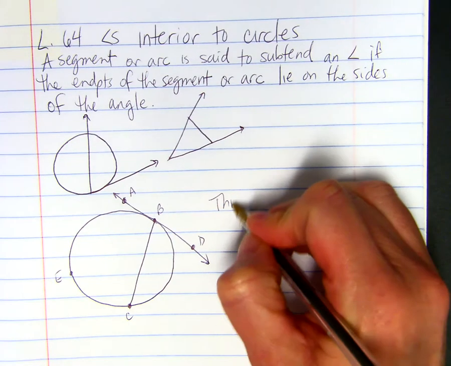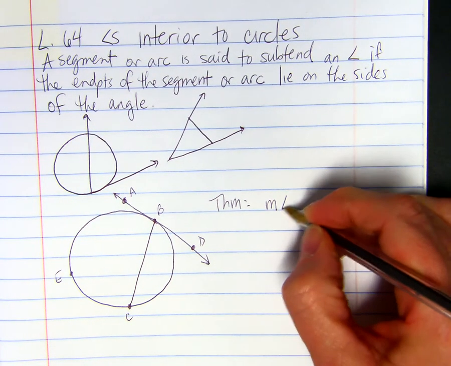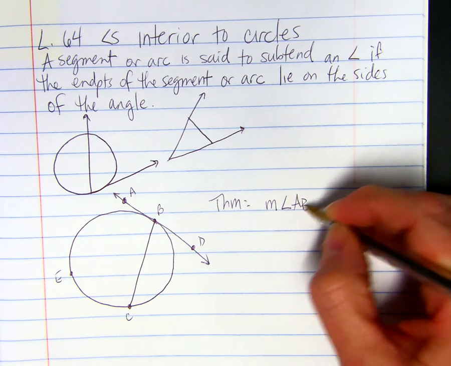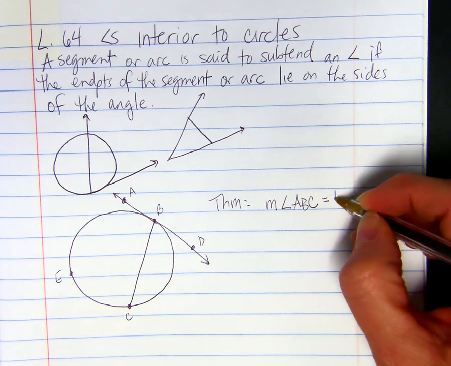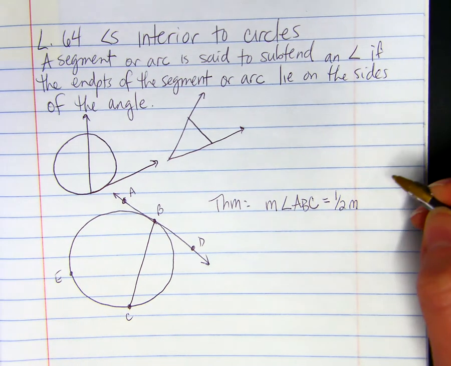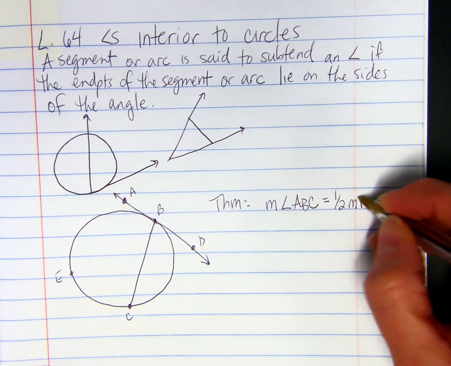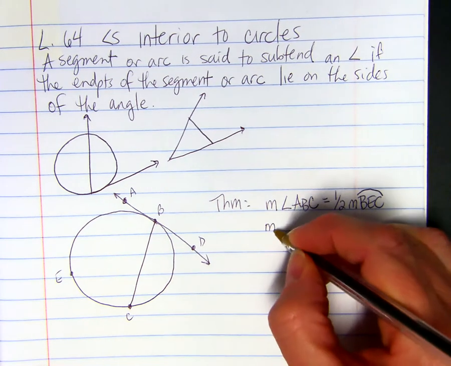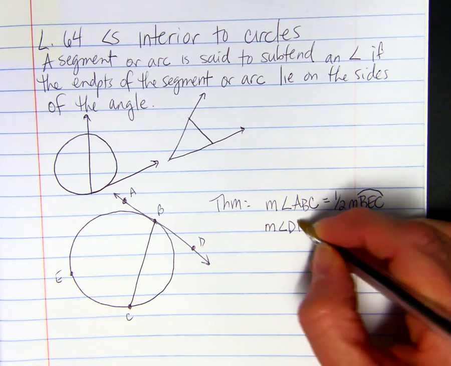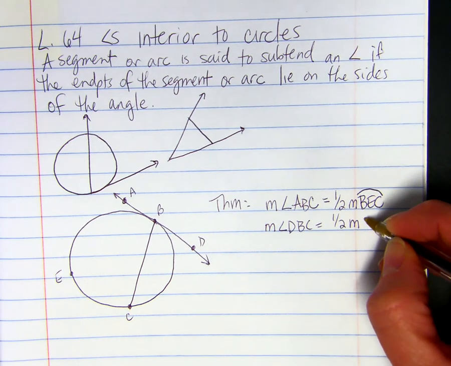So here's the theorem. It says that the measure of angle ABC is equal to half the measure of arc BEC. And the measure of angle DBC is equal to half the measure of arc BC.